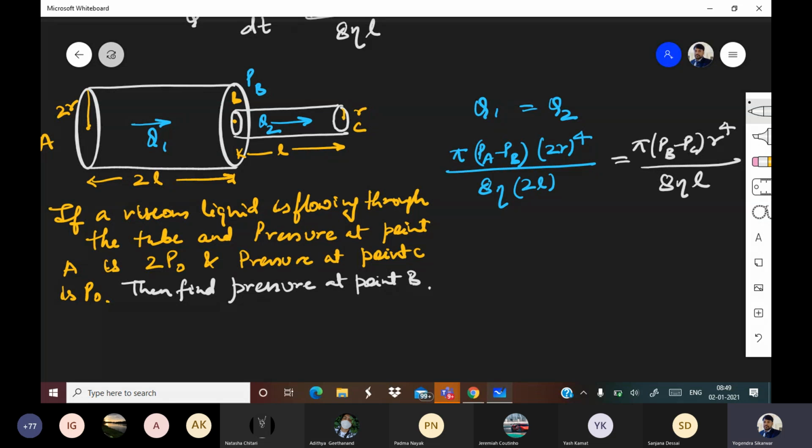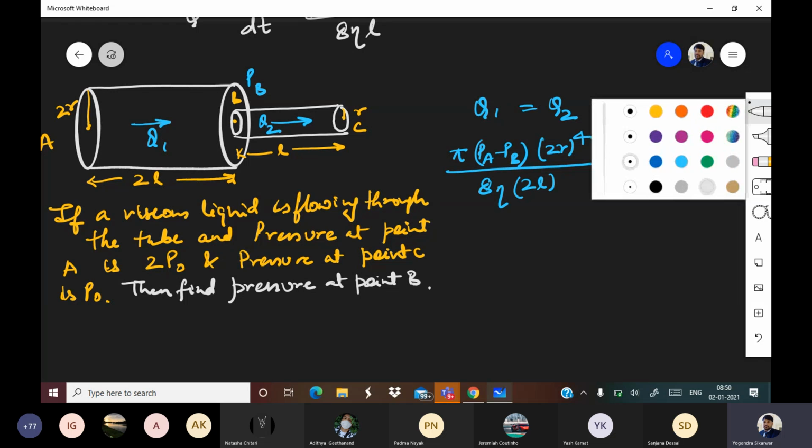Liquid is flowing from A to B or B to A? Liquid is flowing from which point to which point? Okay, sir, understood. The point where pressure is more, liquid will go from that point to low pressure. Okay.